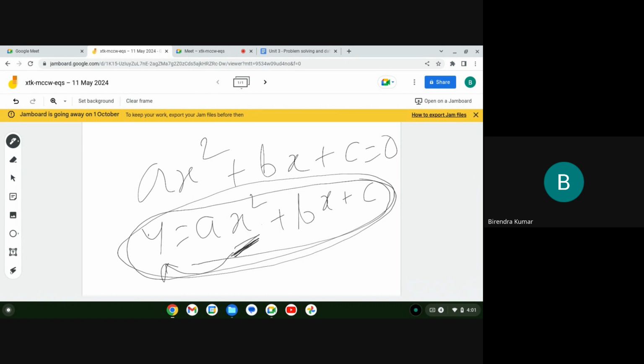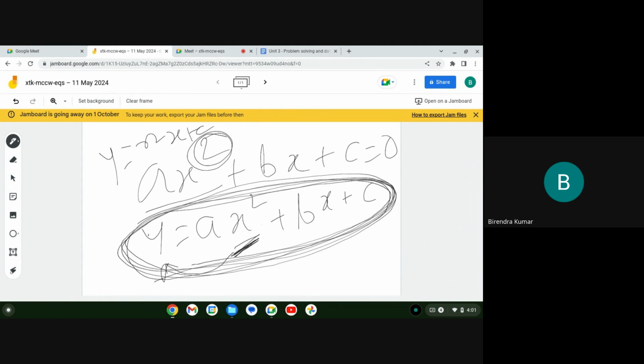And exponential growth is something where the growth is much more rapid, much faster, and that you cannot represent by a linear equation like this. You'll have to represent it with something which has power more than 1. So an exponential growth can be represented by an exponential expression like this, where the power of x is more than 1.